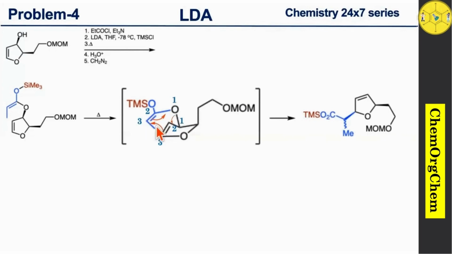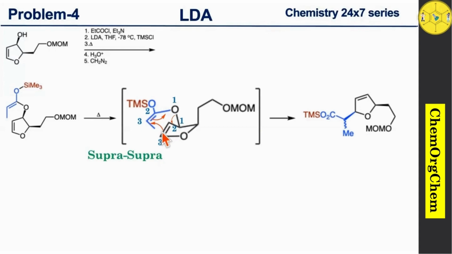Particularly here, you should note the stereochemistry of this reaction. Since this reaction takes place on the top face, with the reacting groups present on the top face, we can say this one undergoes a supra-supra interaction. What does supra-supra interaction mean? It means that both bond making as well as bond breaking take place on the same face.